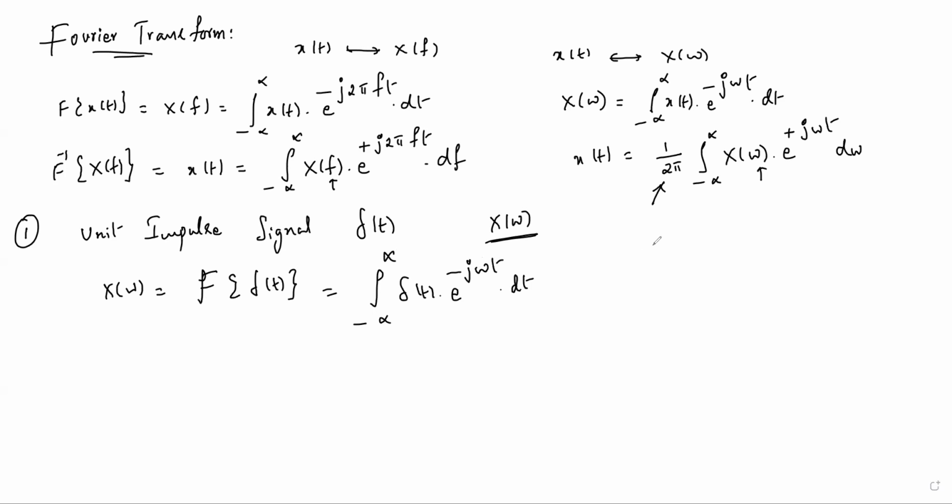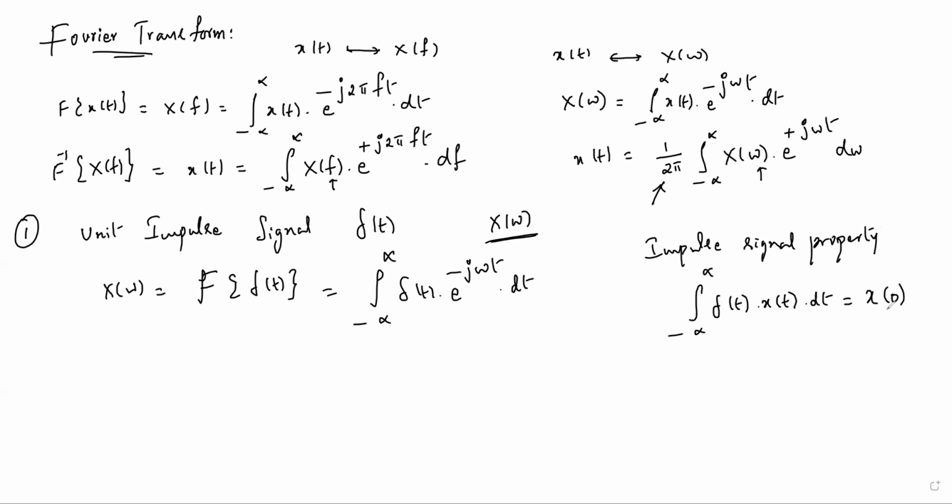So we have the impulse signal property, that is the sampling property: integral from minus infinity to plus infinity of del of t multiplied by x of t is equal to x of 0. This is the property of the impulse signal we know.